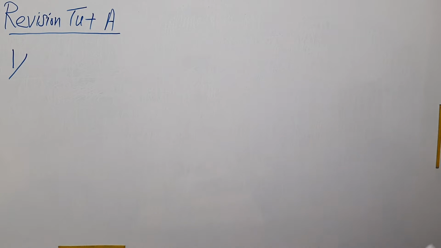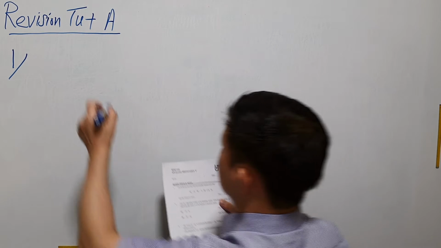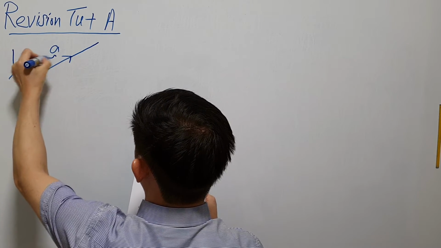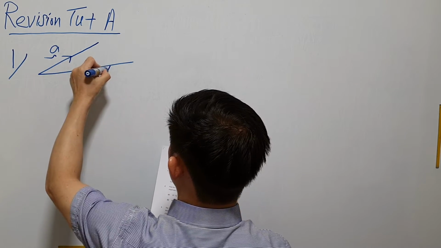In number 1, you are told about two vectors A and B. They are non-zero and non-parallel. So potentially the two vectors A and B look like this.